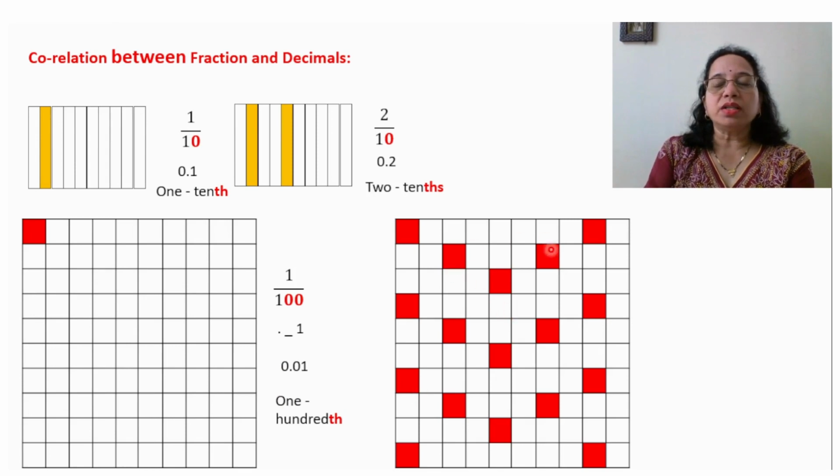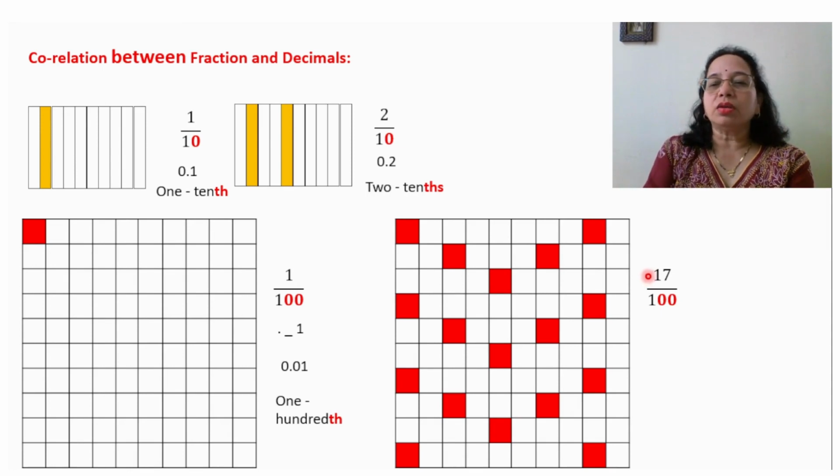Take one more example. Again the total number of parts are 100, and how many parts are shaded? You can count this. So here 17 parts are shaded. So the fraction for the shaded part is 17/100. How do we write this in decimal? Two zeros are there, so leave 1 and 2 places and your decimal will come over here, and again no whole part, it means 0.17.